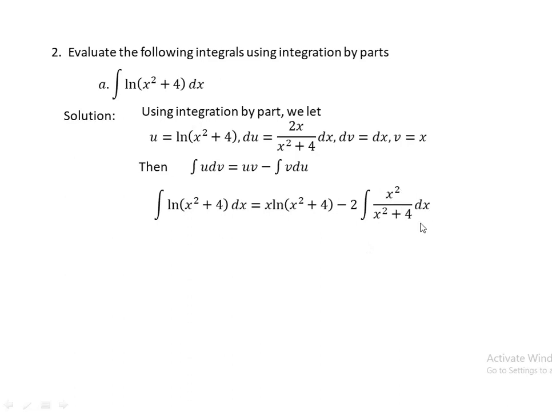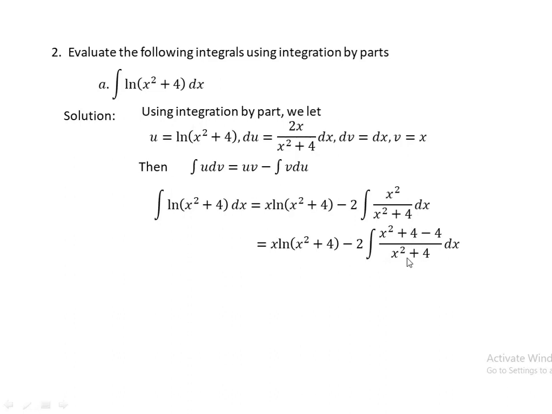Again, this x squared can be written as x squared plus 4 minus 4, so that we have x times ln of x squared plus 4 minus 2 times the integral of x squared plus 4 minus 4, the whole over x squared plus 4 dx.